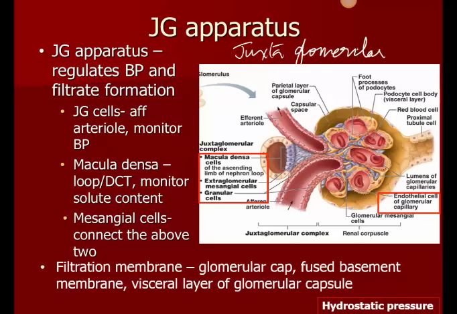So what this juxtaglomerular apparatus consists of is juxtaglomerular cells, which are present in the afferent arteriole. Within the afferent arteriole, you have cells in the smooth muscle. The smooth muscle cells are highly granular in the afferent arteriole, and they contain renin.